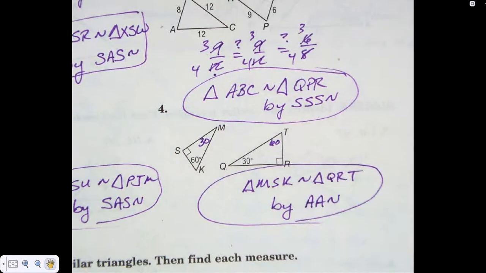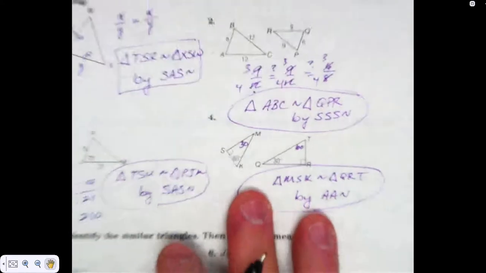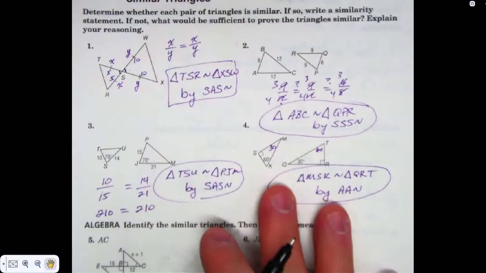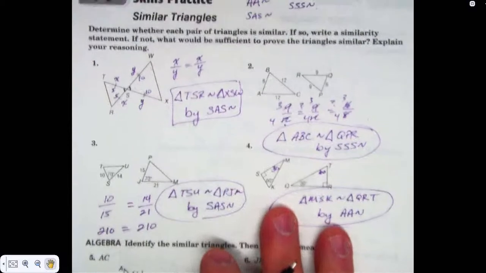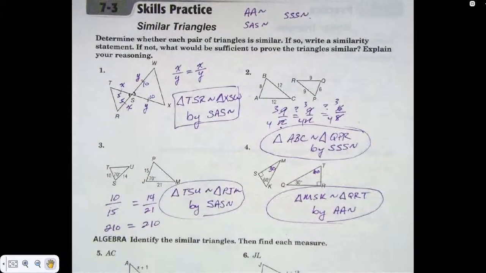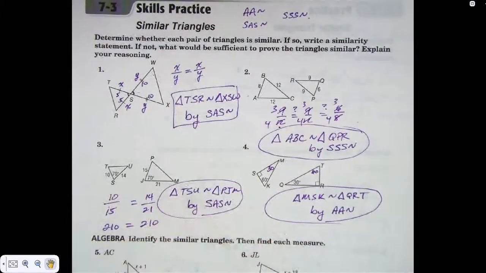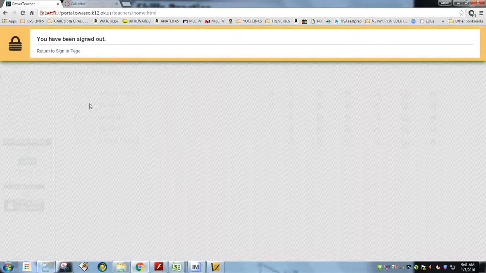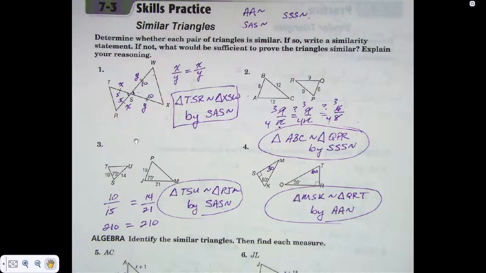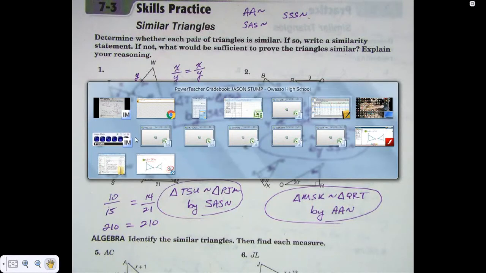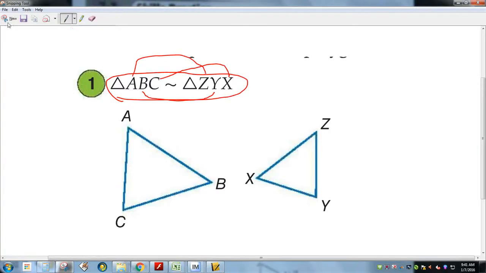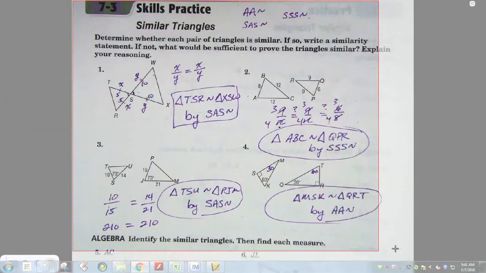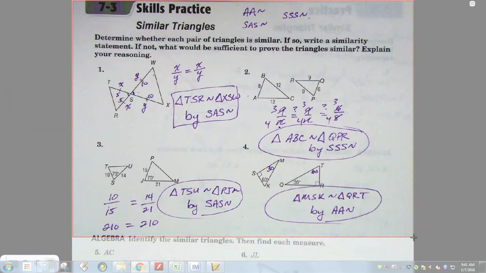We didn't know anything about the sides, correct? We can't go right now, are we done? We're not done.